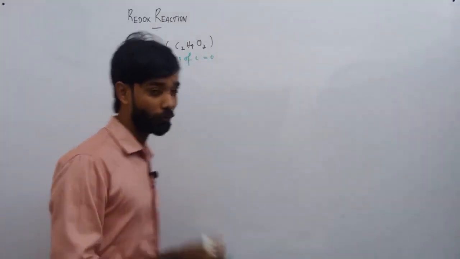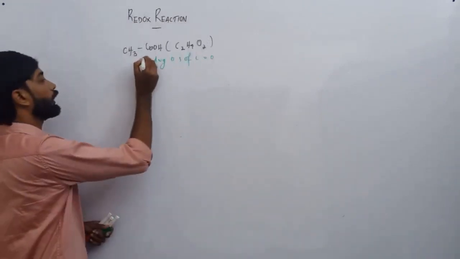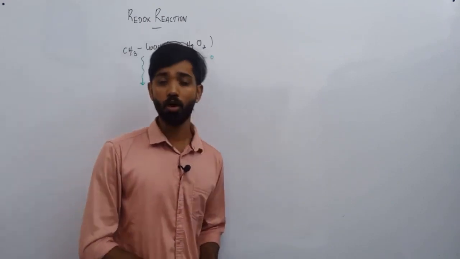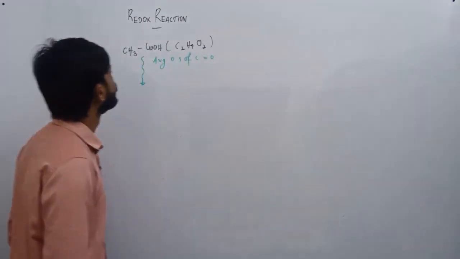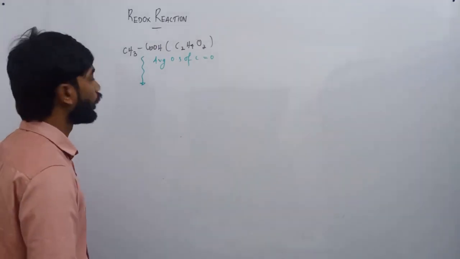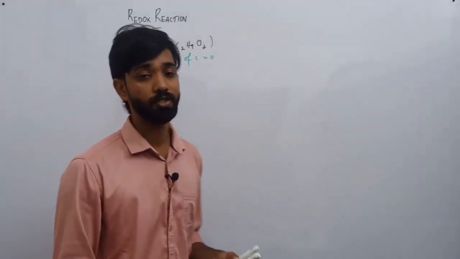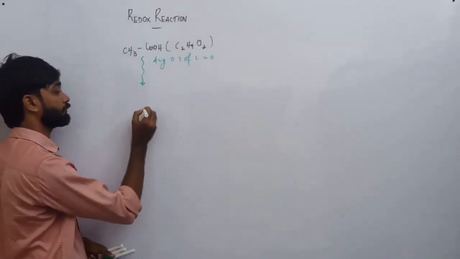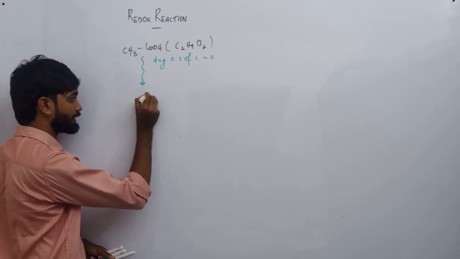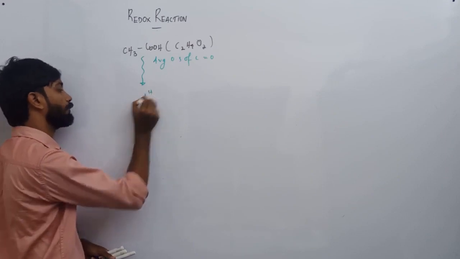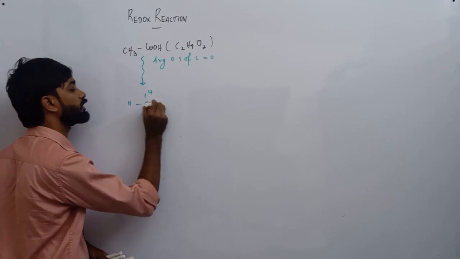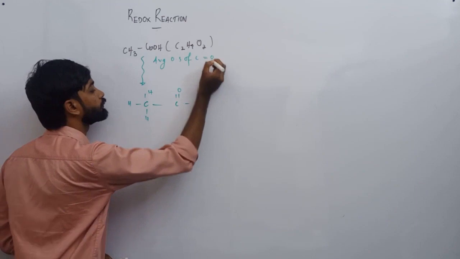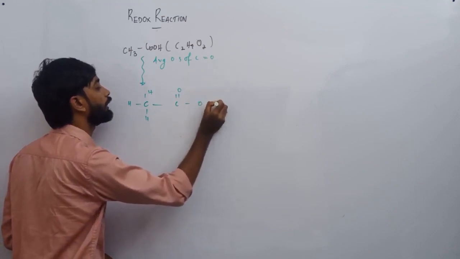We know that from that formula. Now we can check the oxidation state of all elements in this acetic acid. For that, your acetic acid is something like this in an elaborated version: CH3, C double bond O, OH. Is it okay? Yeah.